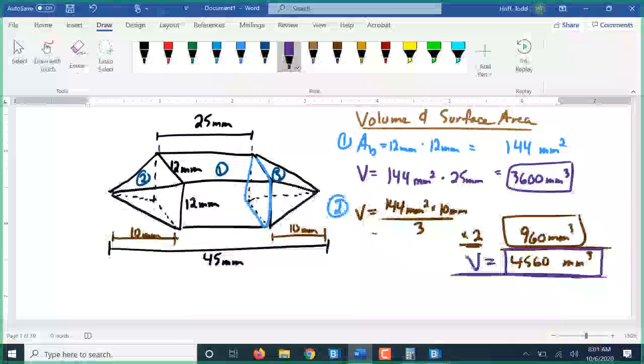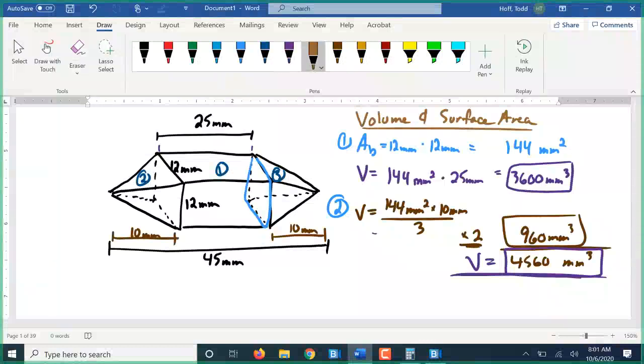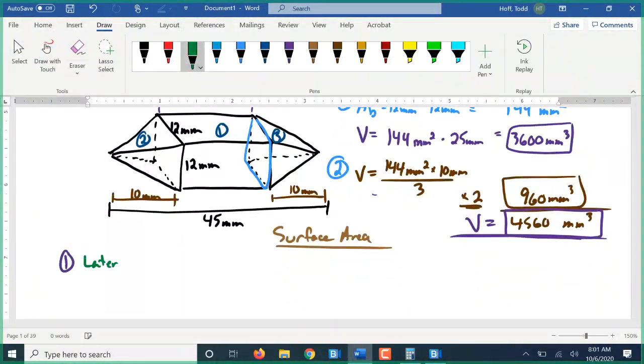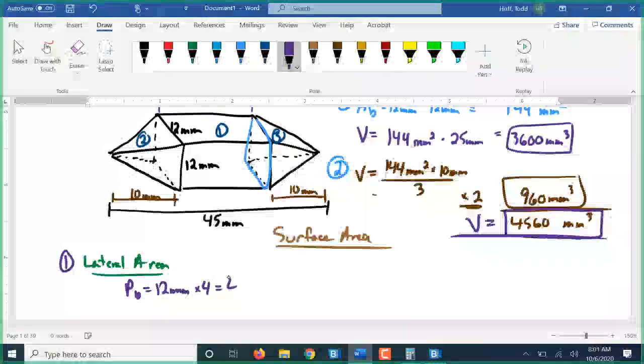For surface area, well, for piece 1, for the box, all we have is the lateral area. Both bases are covered. So we find the perimeter of the base, which is just 12 plus 12 plus 12 plus 12, or 12 millimeters times 4, is 48 millimeters.